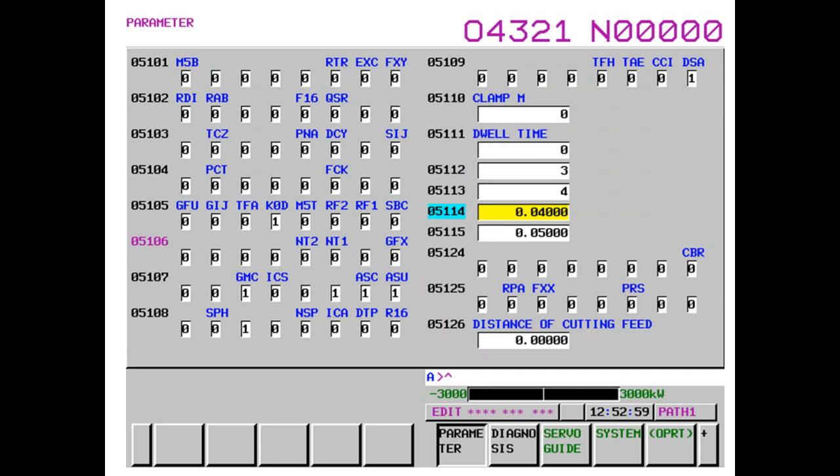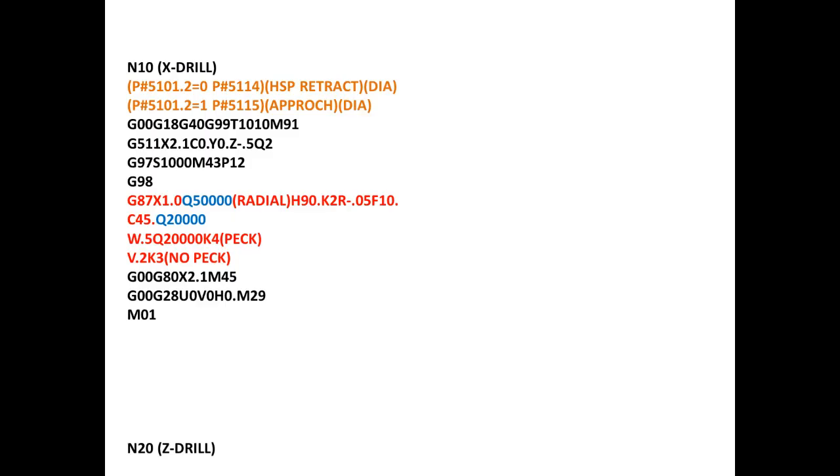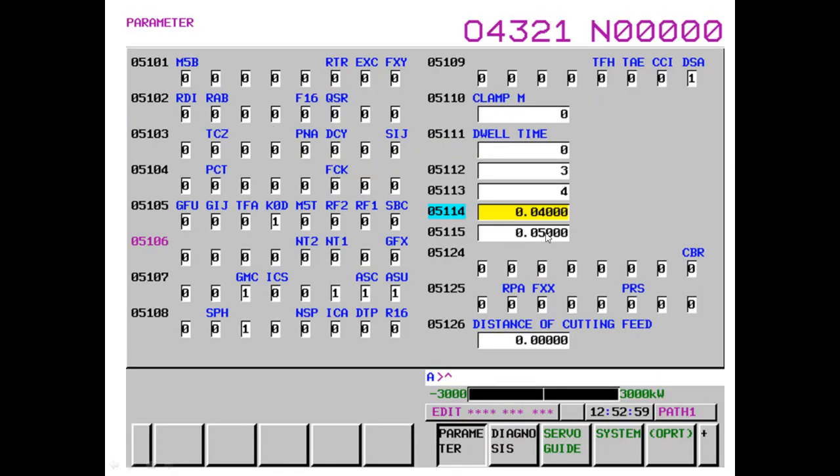And there's another parameter. If you select the RTR as 1, your tool will come out of the part all the way to the starting point, and then it will come back rapidly according to parameter setting 5115. So your drill comes out of the part and the approach is again 50,000 away from the previous drilling point.